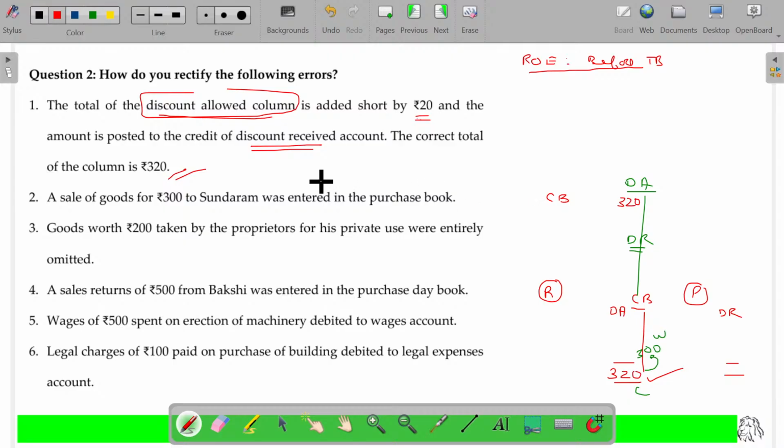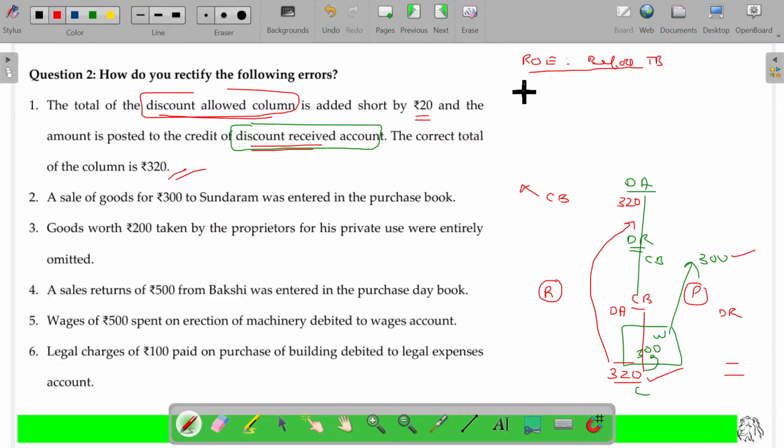But what they have done is they have posted wrongly the credit side as discount received. Here, credit side 300. This wrong value is posted wrongly in the credit side of the discount received account. The correct one should be debit side of the discount allowed. Correct one they have not passed. Wrong one they have done. Now we have to do correct one to be passed.